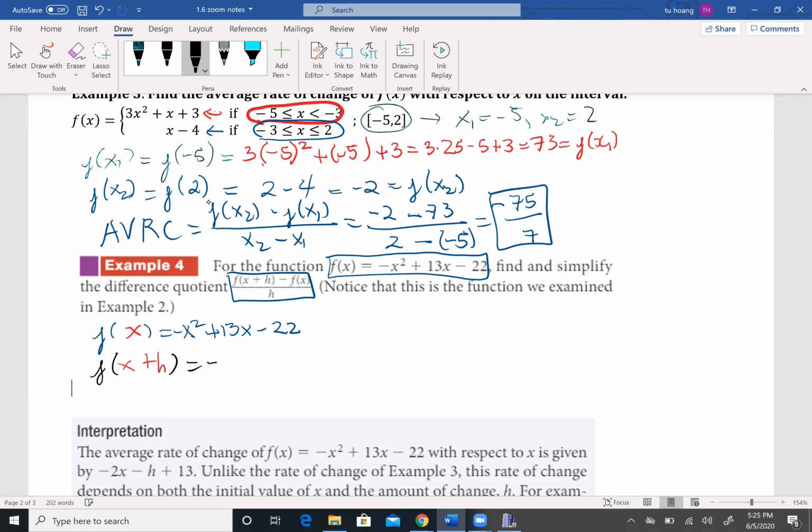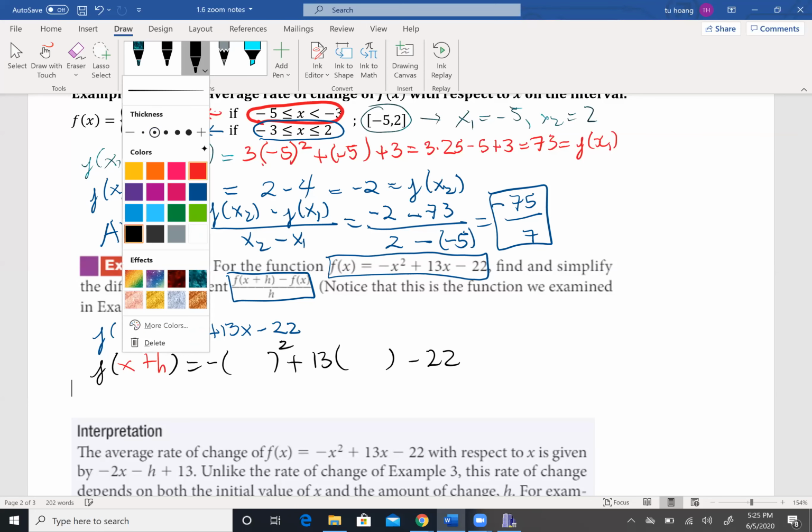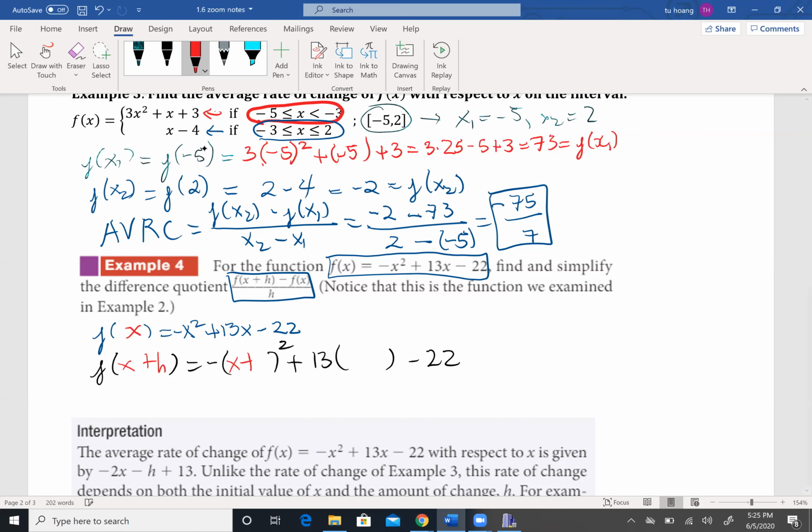Now I have negative of x squared, right? So the square, plus 13 times x, minus 22. Now I change all that to be x plus h, x plus h, right?